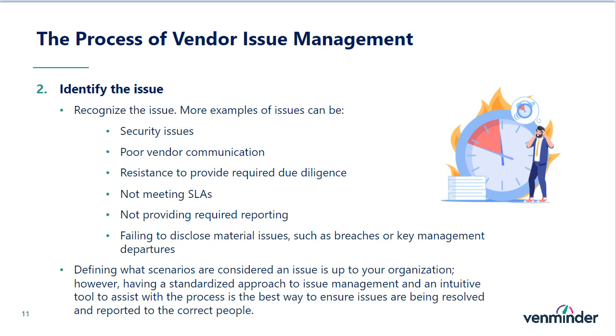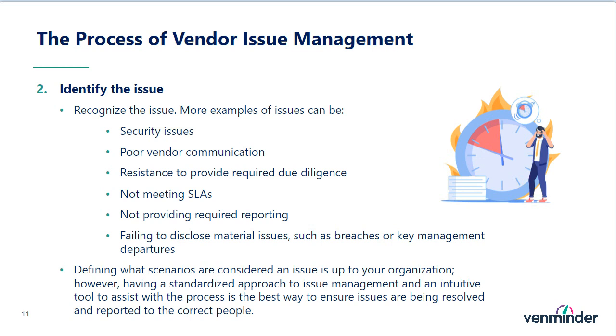So, security issues on the vendor side. It might be through due diligence or other observations, maybe negative news, but certainly if there's a security issue, that can be documented. Poor vendor communication, another great example. Yes, they might be living up to contractual obligations for service level.